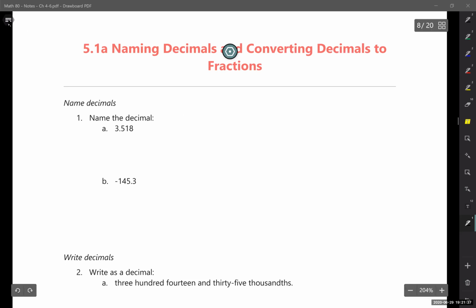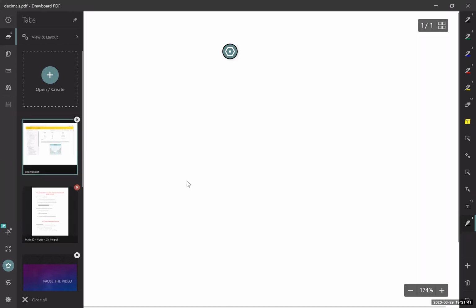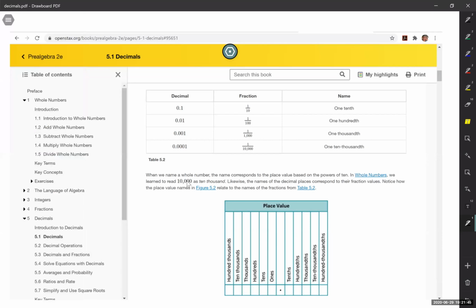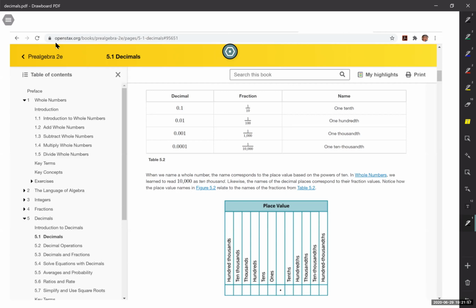So what I've done is I've made a screenshot of the textbook. Now, this might be a smidge blurry, but you can just go to the openstax.org webpage, which you can see I included at the top of the page. And this is section 5.1.